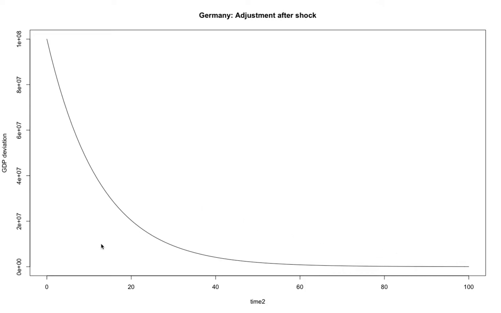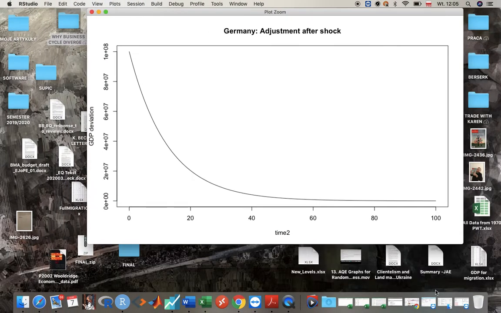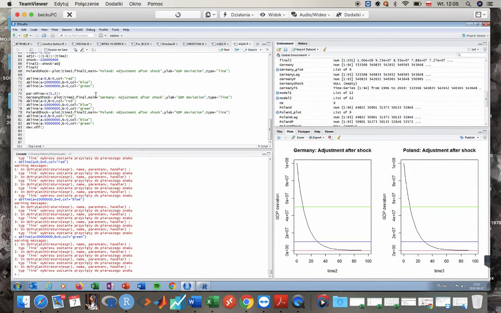We see this is the initial shock, and we see that the Germany economy goes back to equilibrium. But it takes quite a long time to actually go back to equilibrium. Remember, those are quarters. So even after 10 years, of course, the shock that I've chosen is extremely severe, but we see that even after 10 years, the economy has not reached equilibrium yet.